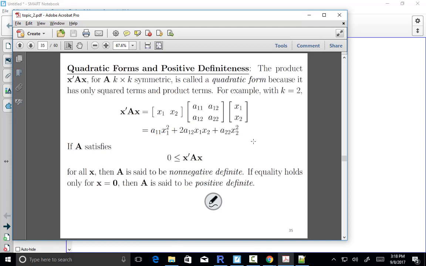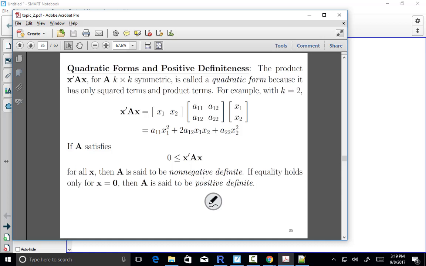And for the theory of our methodologies to hold, in most cases we need our quadratic forms to be called positive definite. So there's two definitions down here. This is just a generic way of saying quadratic form. And a characteristic of the matrix A is that it can be non-negative definite.